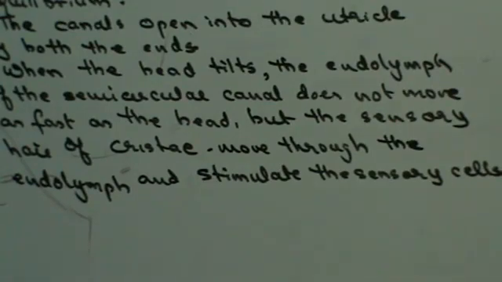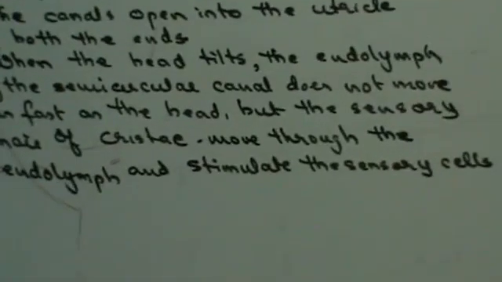Now, the sensory cells set the nerve impulse, and we know that as soon as the sensory cells are moved, an impulse is created. We just saw this in the mechanism of hearing: as soon as the sensory cells move, you have a nerve impulse generated.